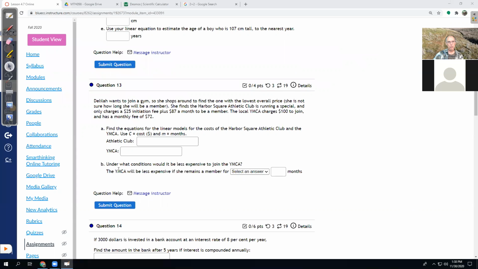The next part of this one was under what conditions would it be less expensive to join the YMCA? Because at first the YMCA is more expensive, but since they're charging less per month, sometime down the road the YMCA should be a little bit cheaper. We could either make a spreadsheet or solve an equation.